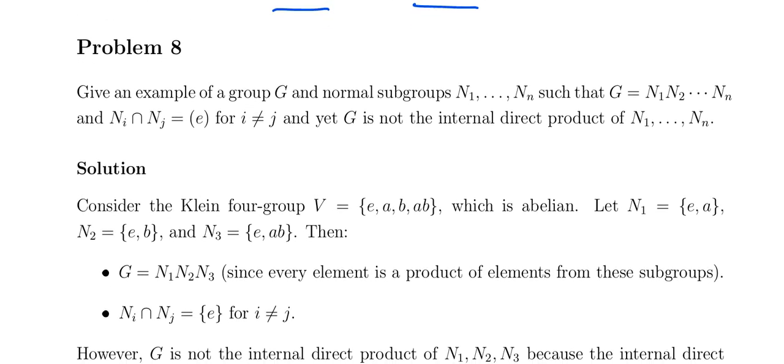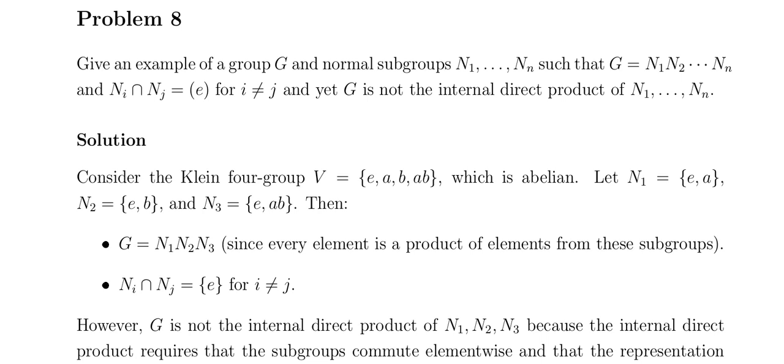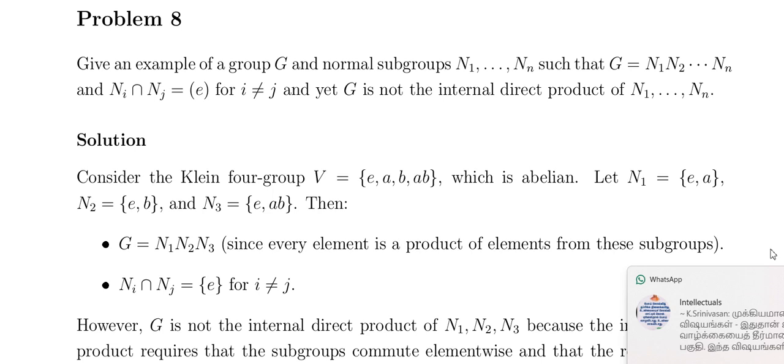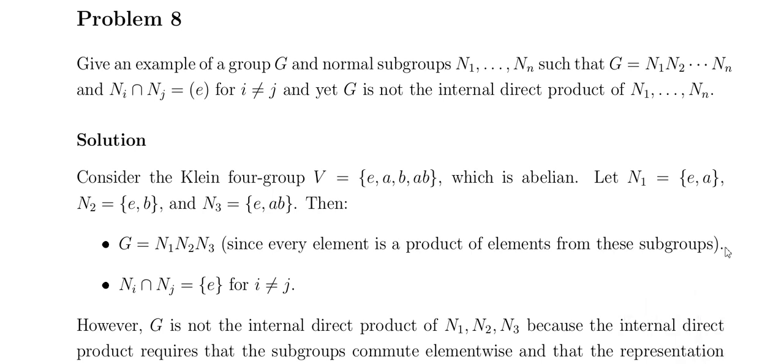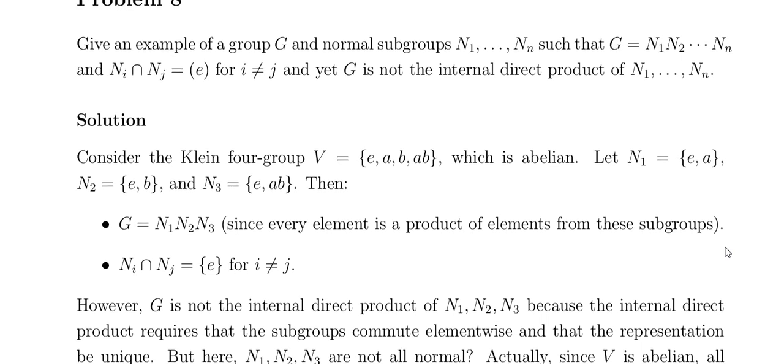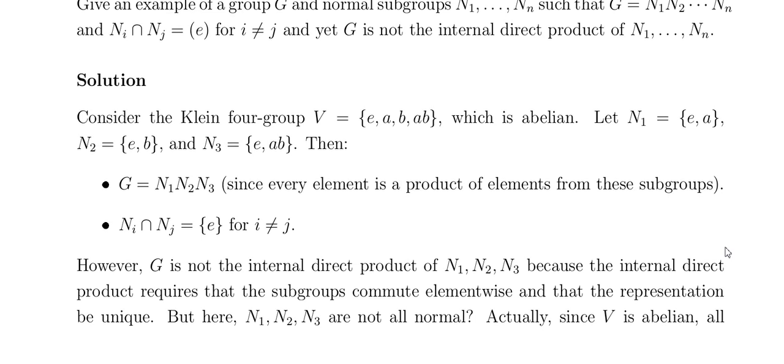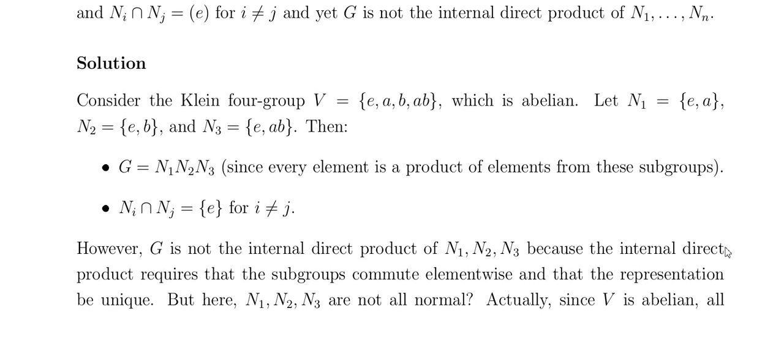Now an example of a group G with normal subgroups N1, N2, ..., Nn such that G is the product of N1, N2, ..., Nn, and the intersection of Ni and Nj is the identity element for distinct i and j, but G is not the internal direct product of N1, N2, ..., Nn. This example is the Klein 4 group, V equal to {e, a, b, ab}, which is abelian.